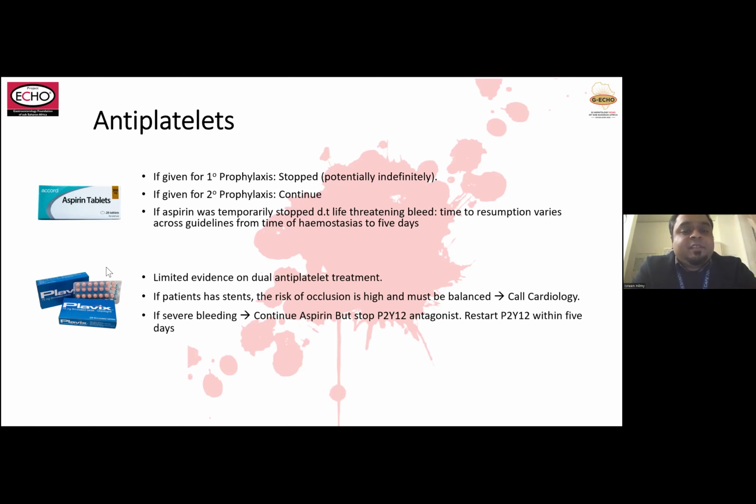However, if the patient has stents, then the risk of occlusion is high and it must be balanced. So we always get our colleagues from the cardiology side to weigh in. And if you had severe bleeding, obviously one would continue aspirin but stop the clopidogrel, and one would restart clopidogrel maybe within 5 days after achieving hemostasis.